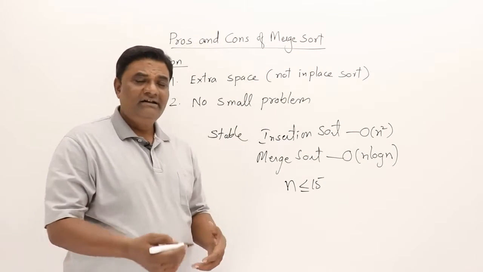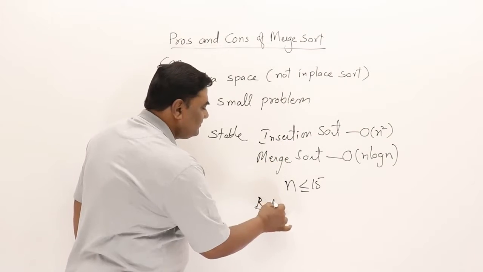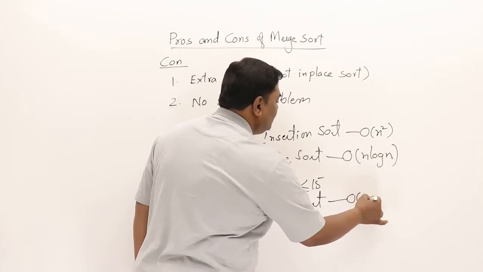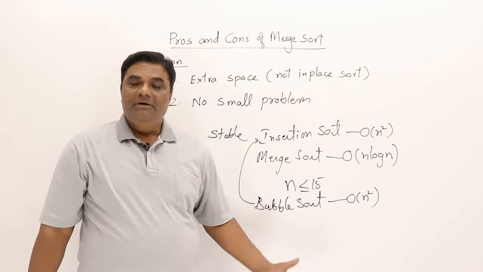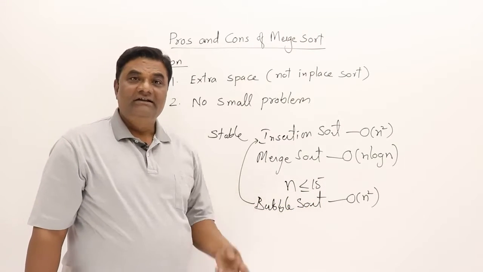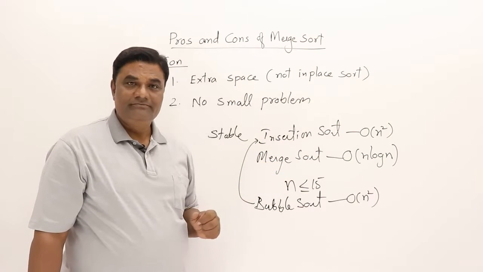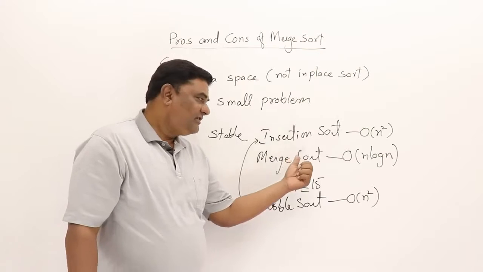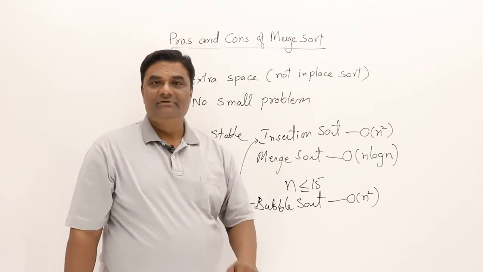Is there any other algorithm that is stable? Yes, bubble sort. Bubble sort is also n square and it is also stable. In place of insertion, we can use bubble also. But merge sort is suitable for linked list and insertion sort is also suitable for linked list.